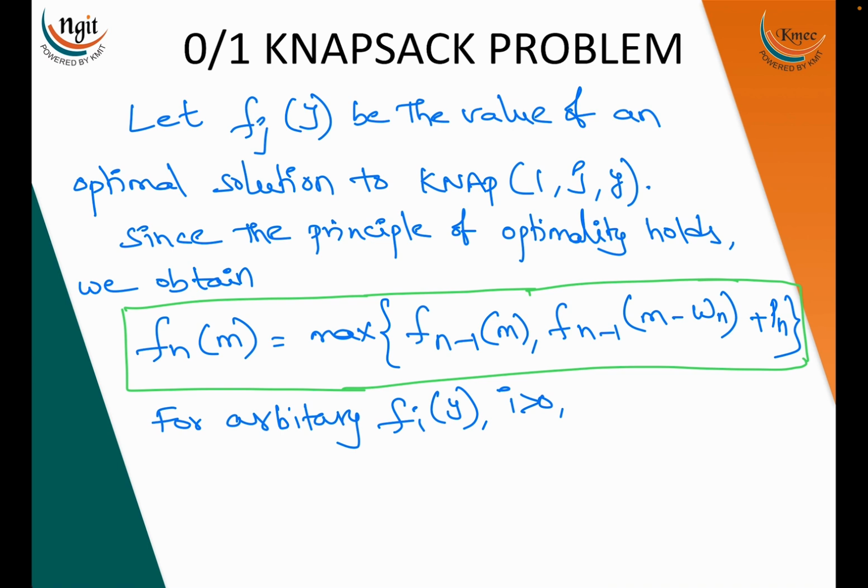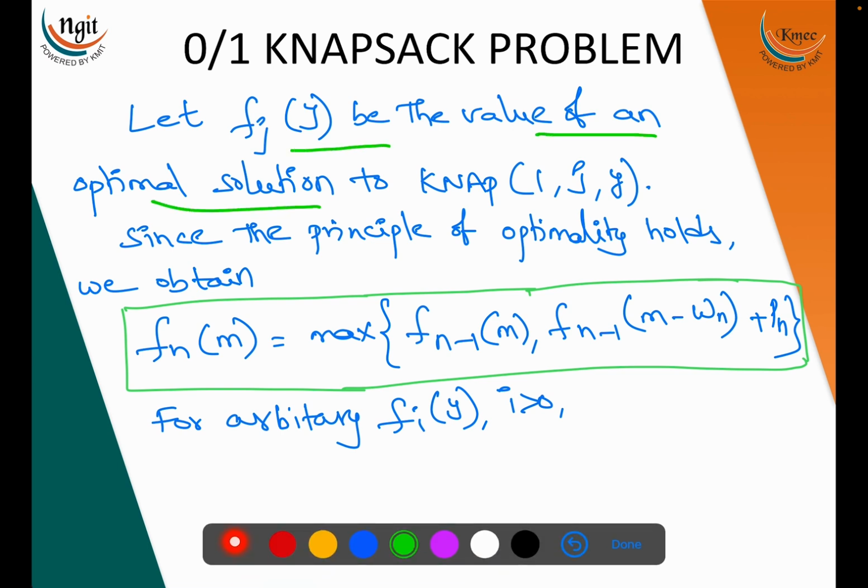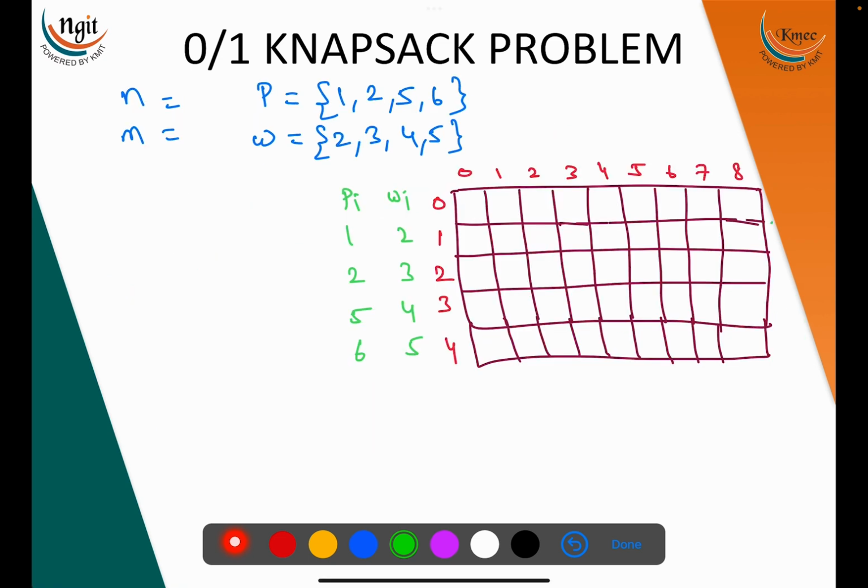The formula is, let fj of y be the value of an optimal solution to a knapsack. Since the principle of optimality holds, we obtain fn of m is equal to max of fn minus 1 of m, comma, fn minus 1 of m minus wn plus pn. We'll use this formula to calculate at least one cell of the value, so that you will have confidence to move forward, right?